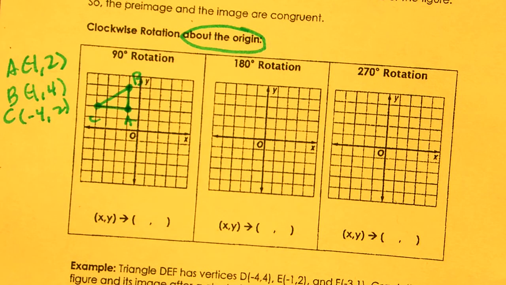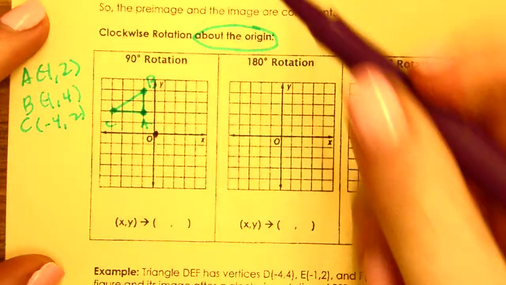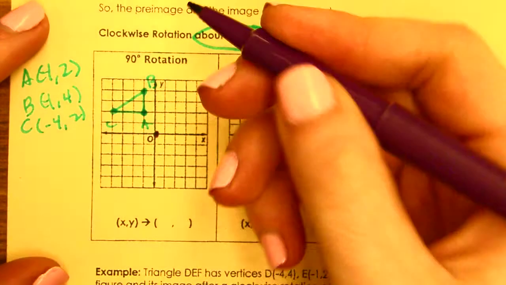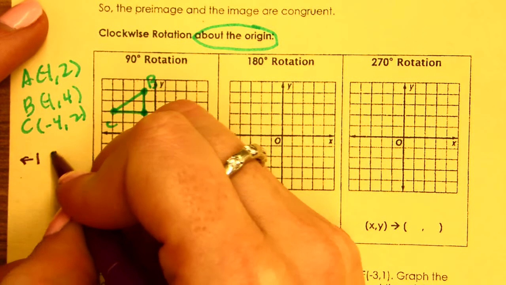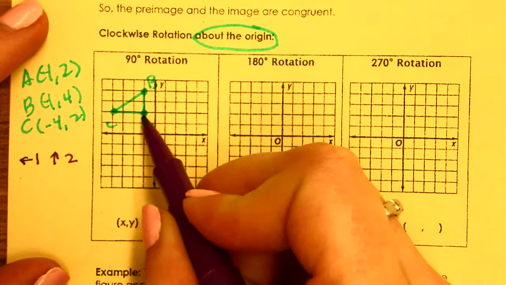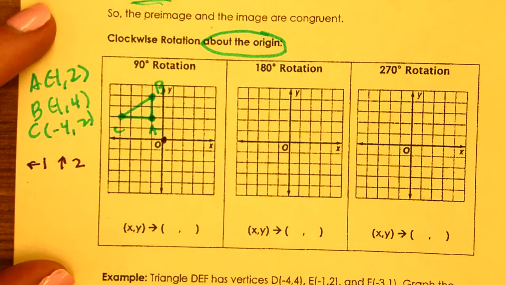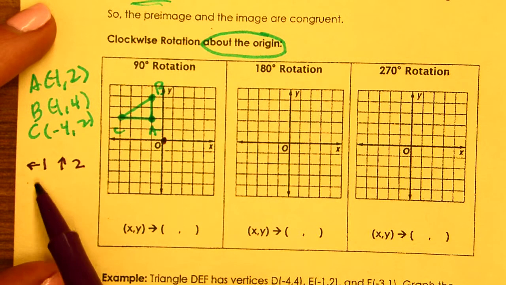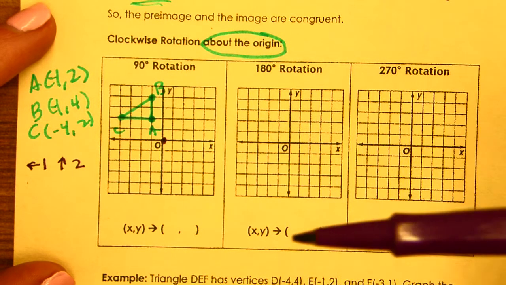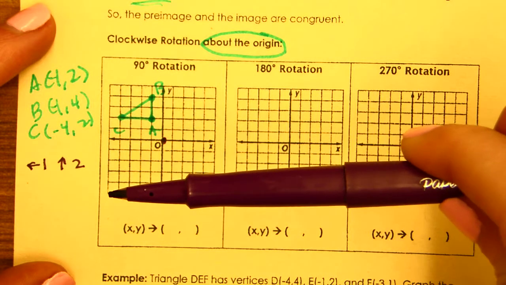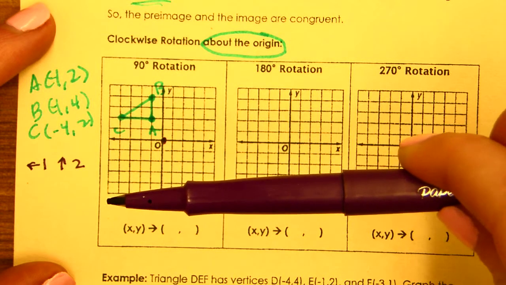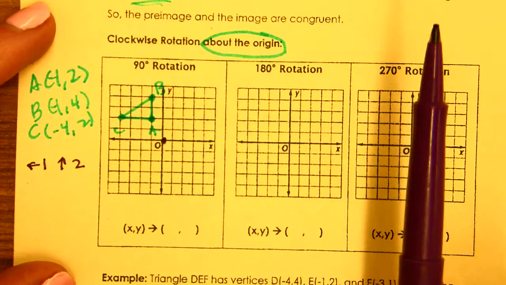So what we're going to do is I start at the center of rotation always. The center of rotation on this problem is the origin. To get from the origin to A, I had to go to the left 1, up 2, right? So I need to rotate both of these 90 degrees clockwise. It's much easier to rotate lines that are perfectly horizontal or perfectly vertical. If I think about a clock, I'm going 1 unit to the left, my pen's pointing to the left, I'm going to rotate 90 degrees clockwise, be pointing straight up.